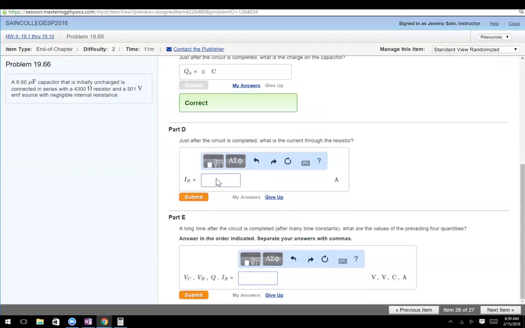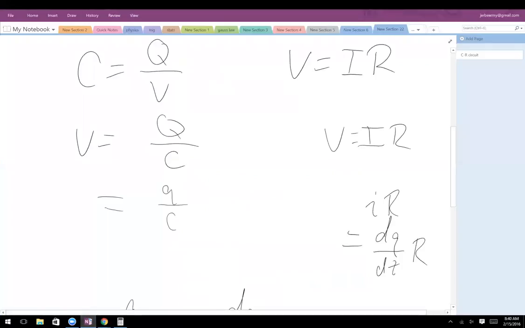Okay, here's something that's not 0. Just as the circuit's completed, what's the current through the resistor? Initially it's like the capacitor is not there at all. So V equals IR is the only thing that's going to be happening.